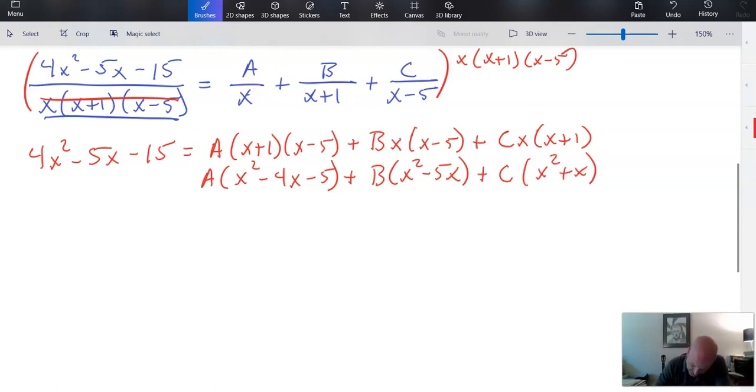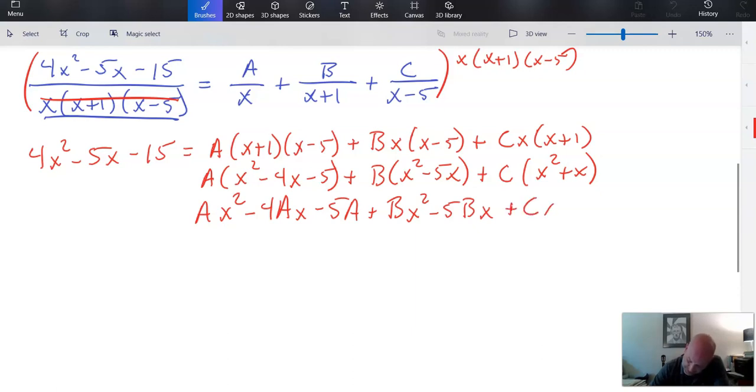Okay, so if I distribute everybody, I have ax squared minus 4ax minus 5a. Here I have plus bx squared minus 5bx, and then here plus cx squared plus cx. Woo! Boy, it's a lot of work.